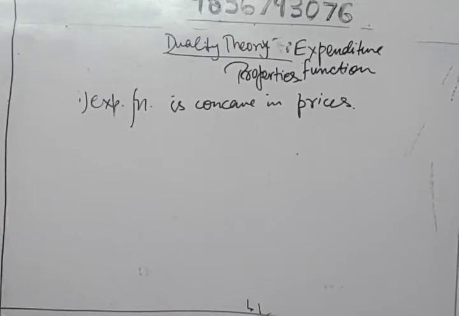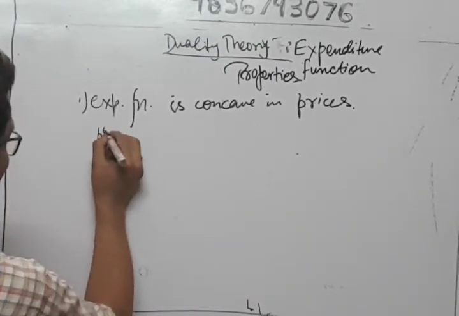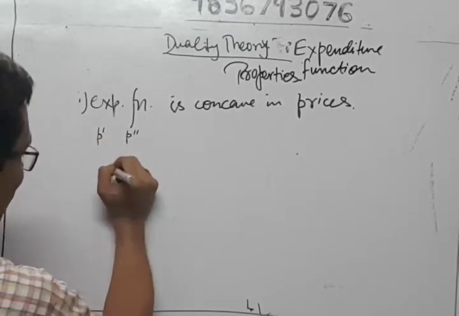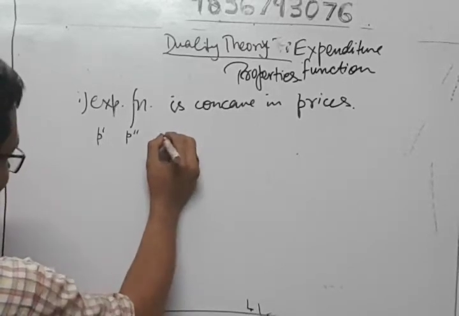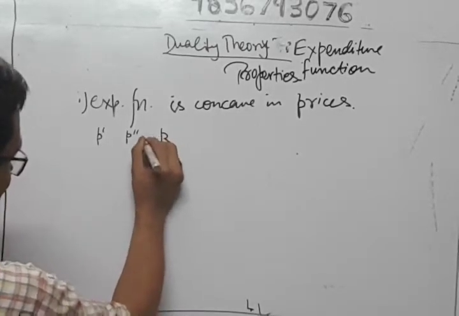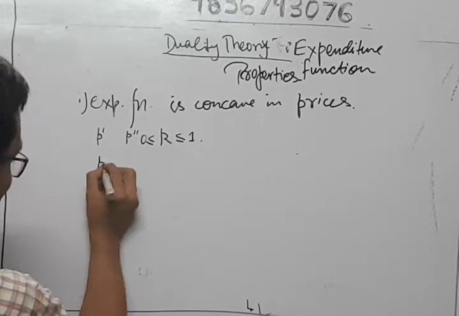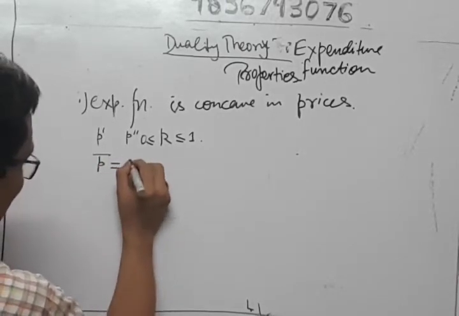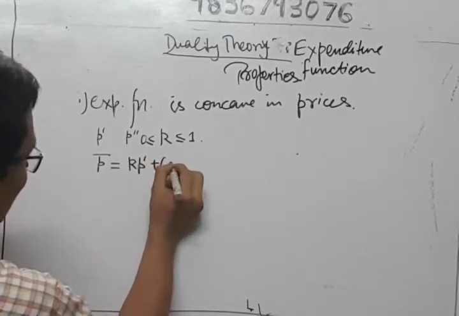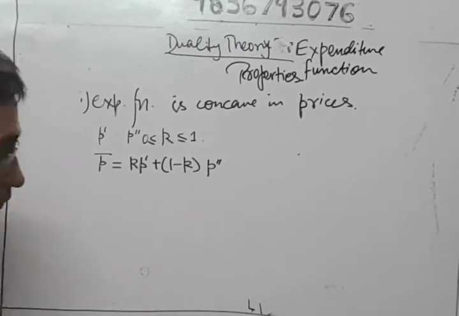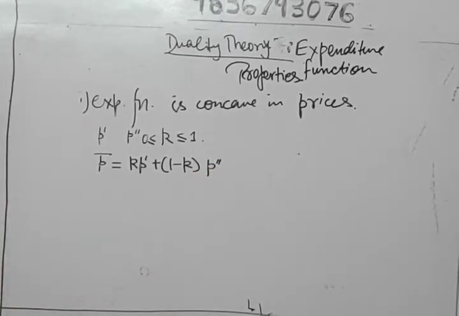That means if there are two price vectors, P prime and P double prime, then we consider a number k such that it lies between 0 and 1, both limits included, and then we construct another price vector P bar such that it is equal to k of P prime plus 1 minus k of P double prime.